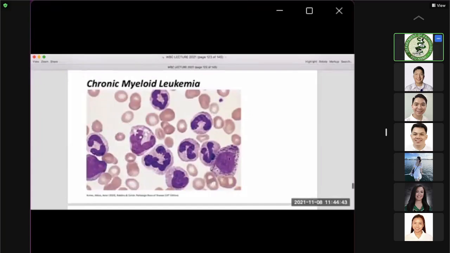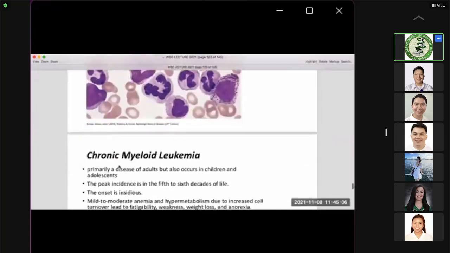You get to see very young cells, but you get to see mature cells as well. Tapos yung different other stages in between can be visualized. If that's the case, then this is CML. If you rarely see mature cells or the different stages, and mostly you would see blasts, then it's AML.